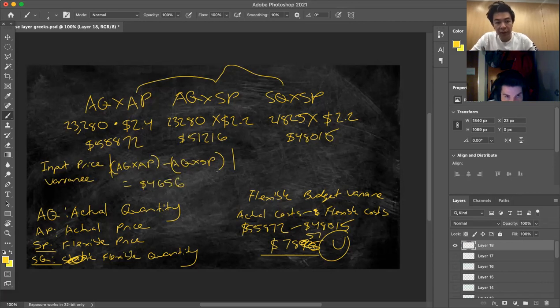And is that favorable or unfavorable? Sorry, I'm just writing down the formula you wrote. Take your time. So it's AQ times AP minus AQ times SP.